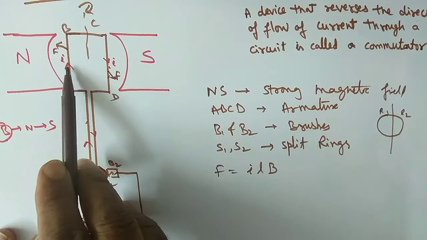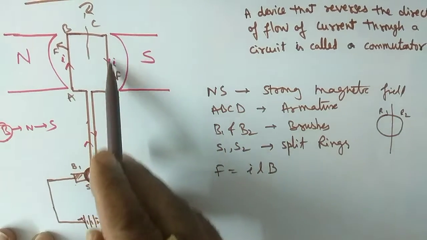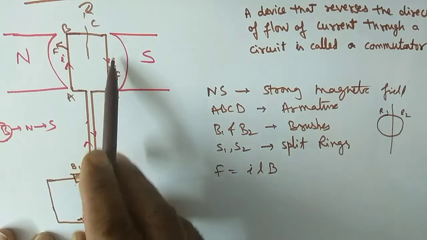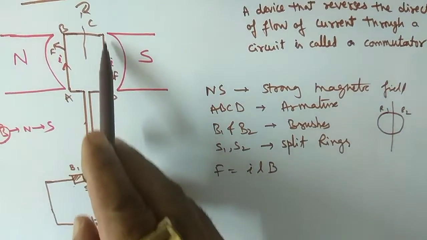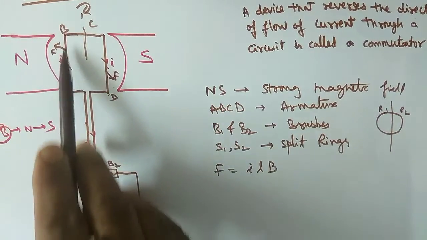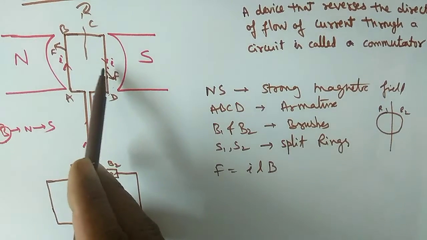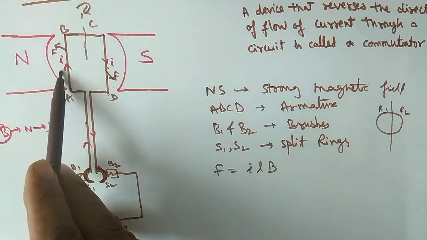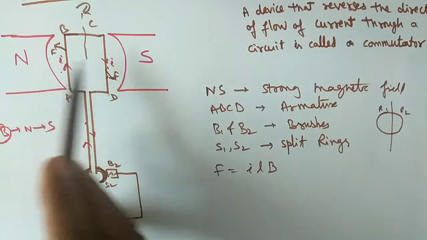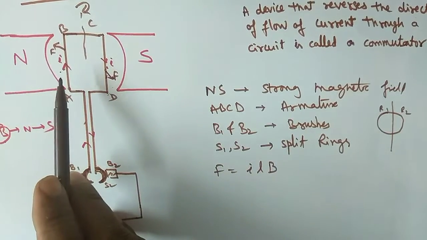So the direction of the current in AB will now change, and it will become the same as in CD. The CD direction here is downward, so when CD replaces BA, its direction will change to A to B. So the direction will continuously change.